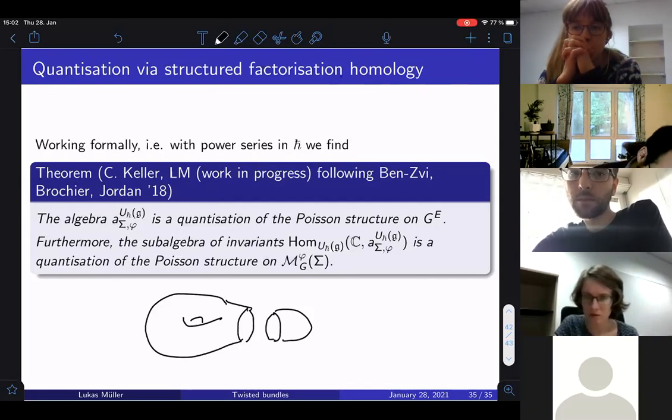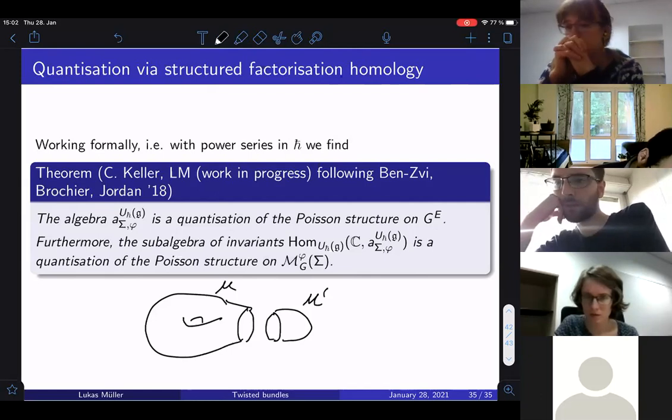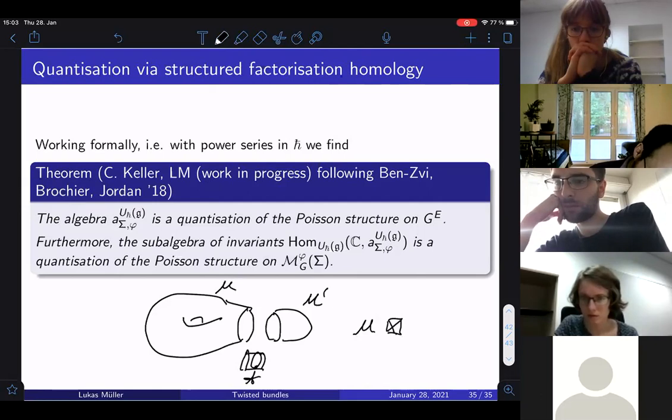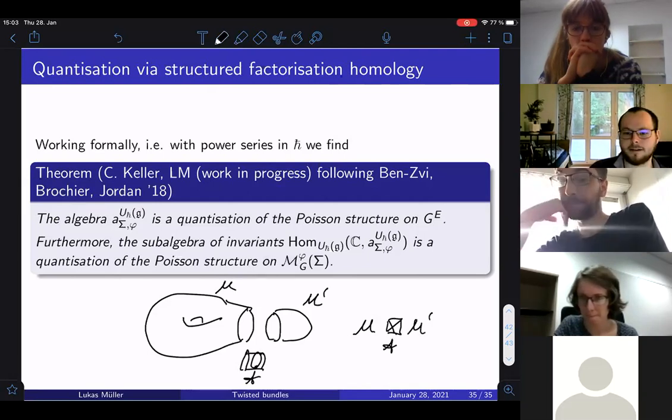So you get a category here, you get a category here, and for the disk, you get an algebra A within linear categories, and you want to compute this relative tensor product. And actually, you can realize this as certain modules over a different algebra. So you can compute this.